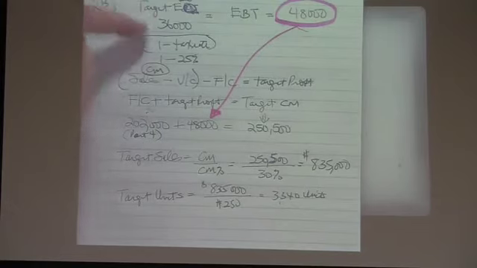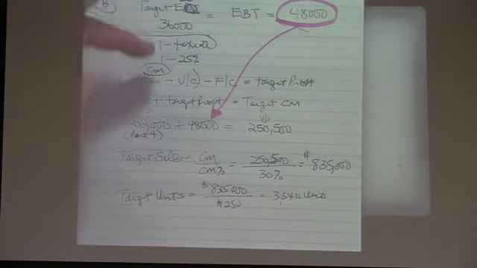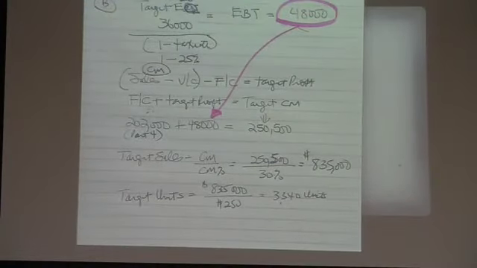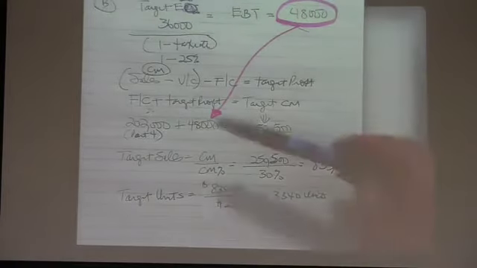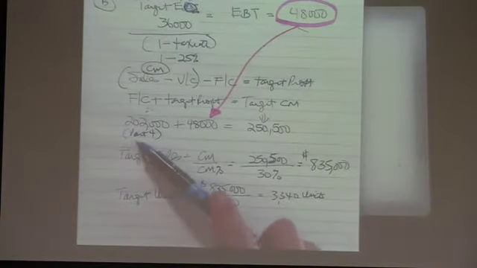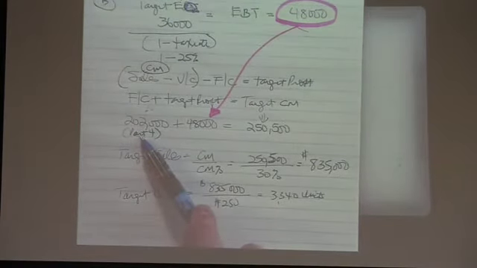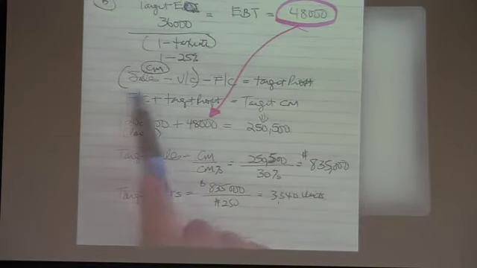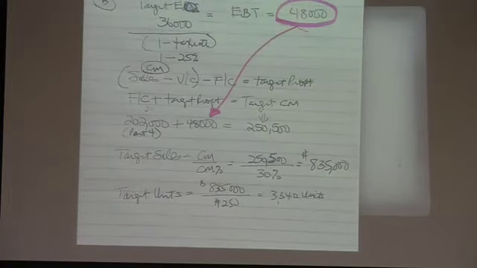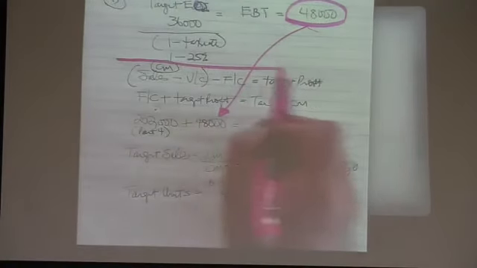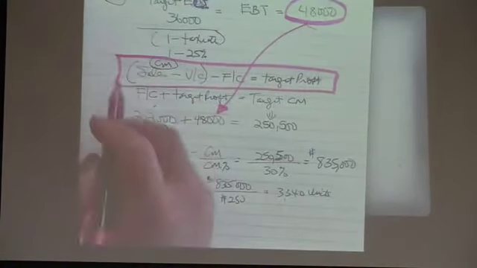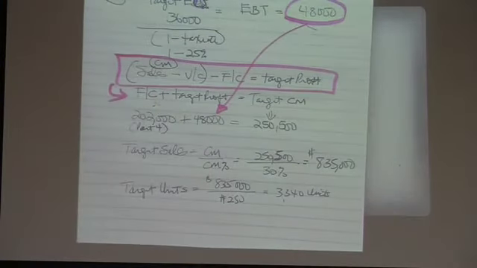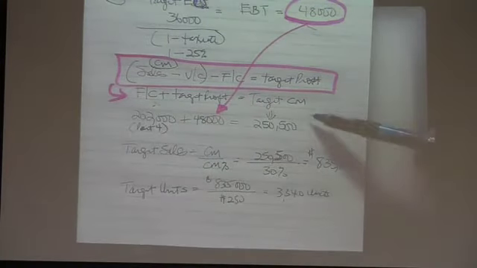So we start with the profit after tax. We divide it by 1 minus the tax rate to give us the earnings before tax, or call it operating income. We take that operating income and add it to the fixed cost to give us our target contribution margin, just taking that same equation that we saw earlier and using it to solve for the target contribution margin.